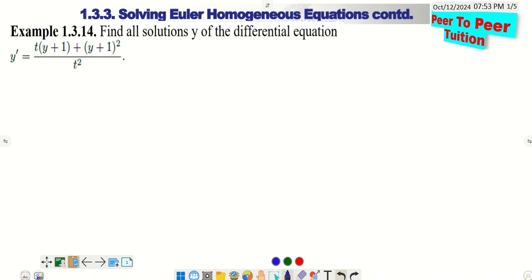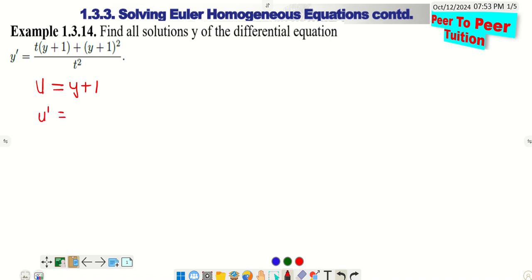Now, looking at the question closely, you can see y plus 1 here. We can also see y plus 1 here. So the first thing is, I can let u be equal to y plus 1. Then if I differentiate u and y plus 1 with respect to t, I will get u prime here.